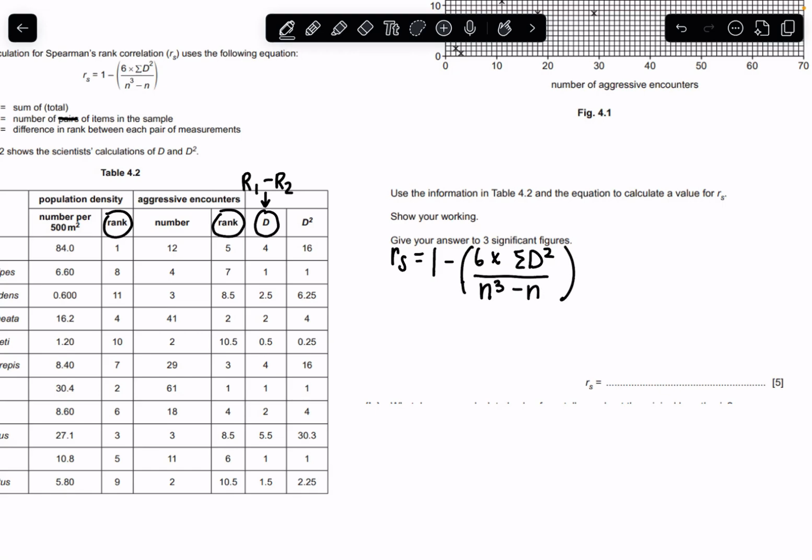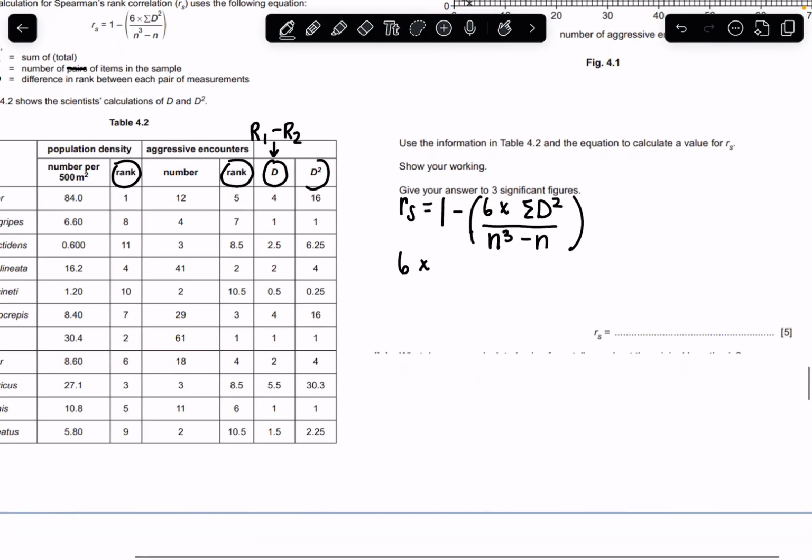Now that we have that, we can go ahead and start identifying our variables. So we have 6 times the sum of D squared. Here's D squared, just like we did for Simpson's. We're going to add D squared. Don't do anything else except for add.